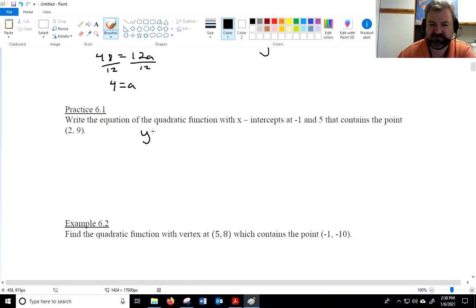Because they're x-intercepts, we know x-intercepts are also zeros, and they're related to the factors. If an x-intercept is -1, we must have a factor of x plus 1 and a factor of x minus 5. And we don't know the a value. So we know it goes through the point (2, 9), so let's plug in a 9 for y and a 2 for x.